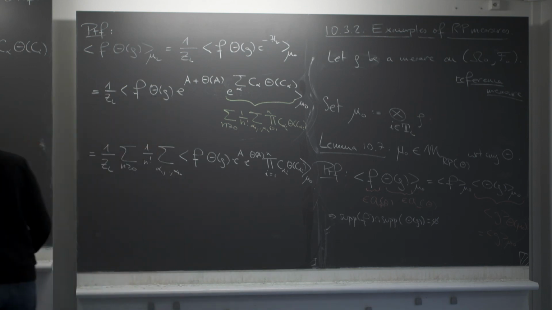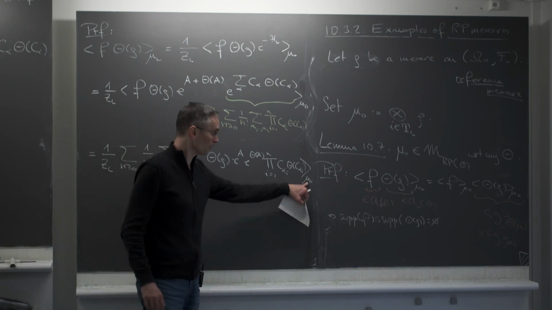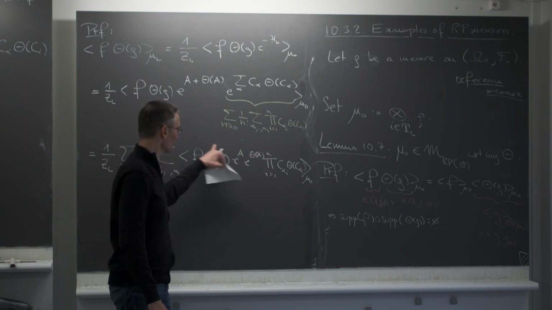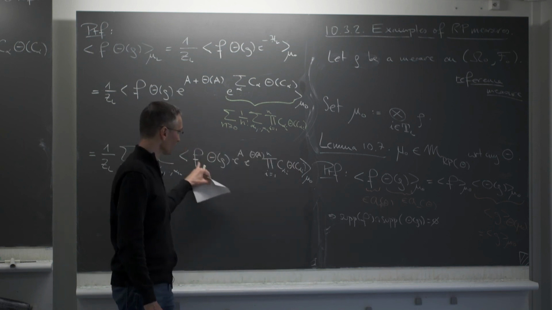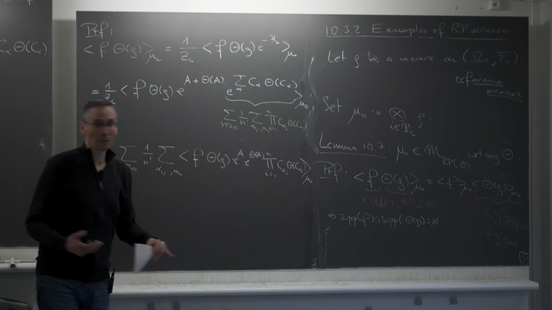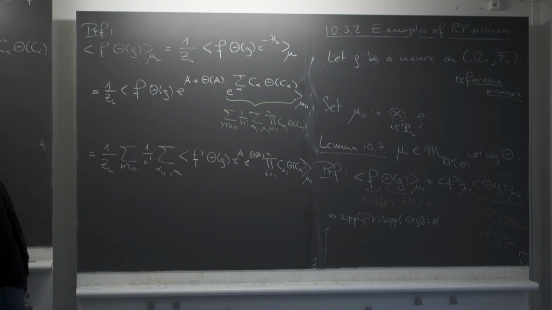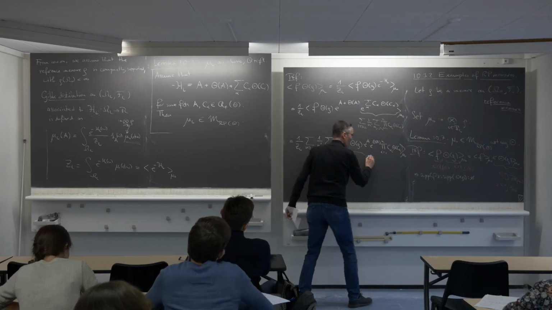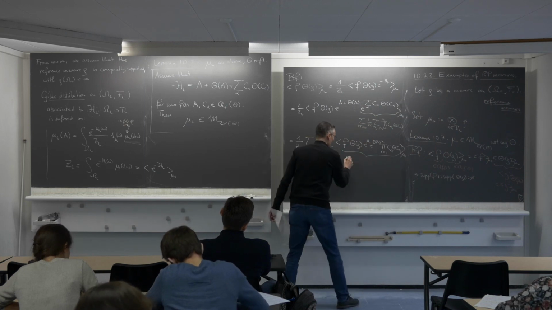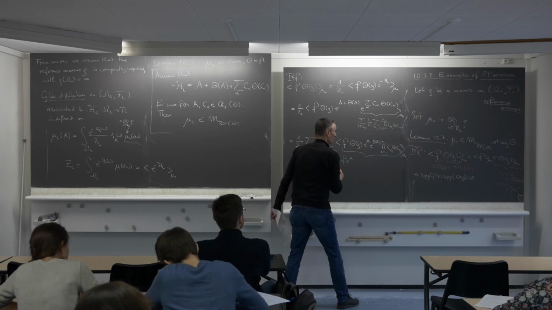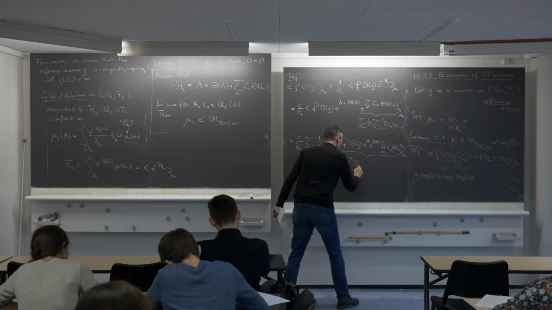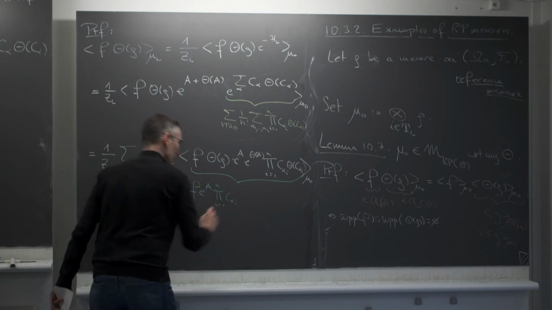And now I want to use the fact that I already know that mu 0, which is just a product measure, is reflection positive. So I want to use that to say things about what happens inside here. To do that, I need to write what is inside this expectation in a form which is suitable to discuss the properties of reflection positivity. That is, all this mess here, which is inside the expectation, I can write as f e to the a, product i equal 1 to n C alpha i, okay?